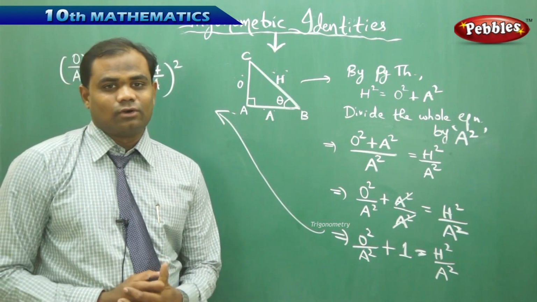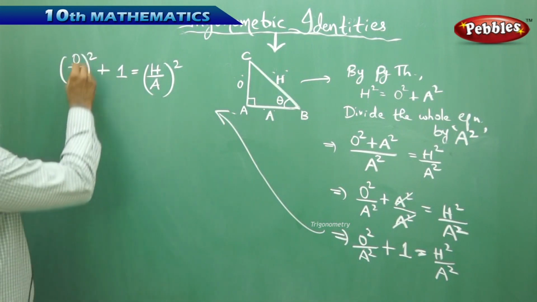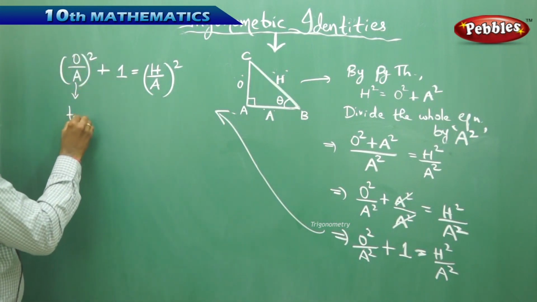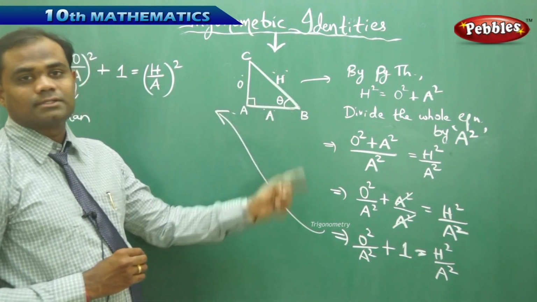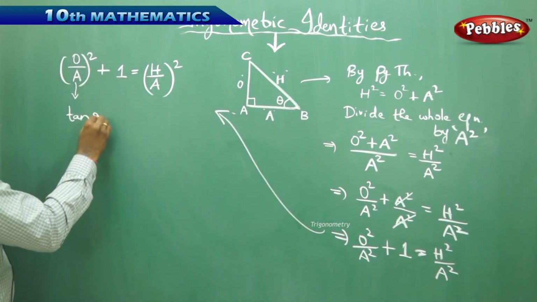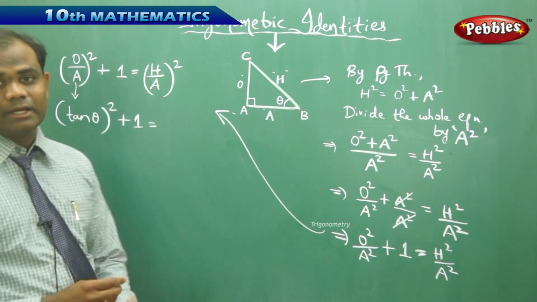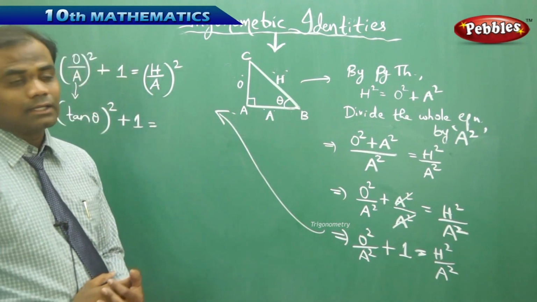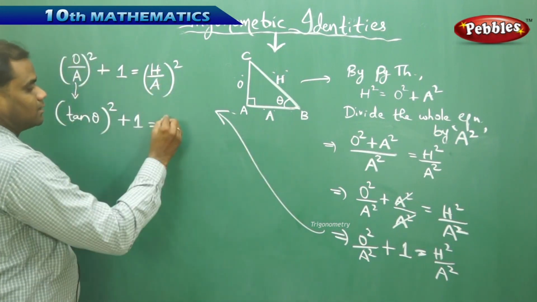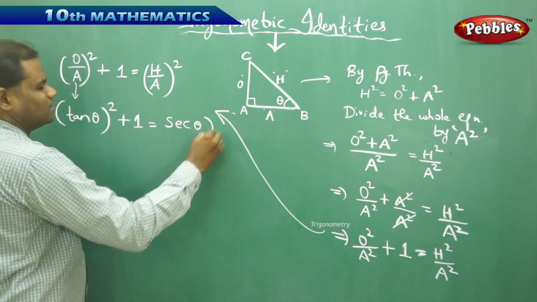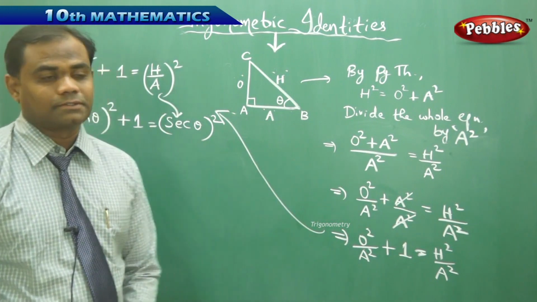Now comes the question of the trigonometric ratios. What is opposite by adjacent? We have seen that opposite by adjacent is tan theta for the right angle triangle ABC with angle theta. Therefore, I get this as tan theta whole square plus 1 equals hypotenuse by adjacent is secant theta, because adjacent by hypotenuse is cosine theta. So the reciprocal of cosine, h by a, is identified to be secant theta using its respective formula as discussed in the previous sessions.